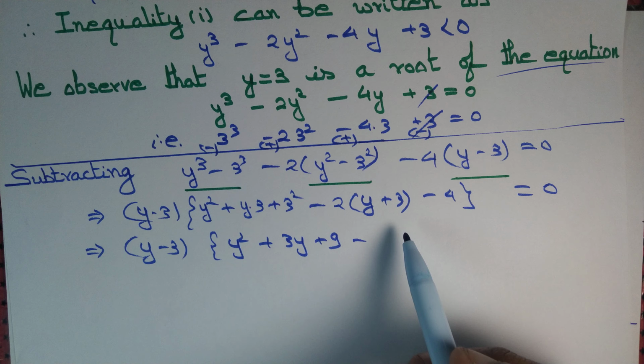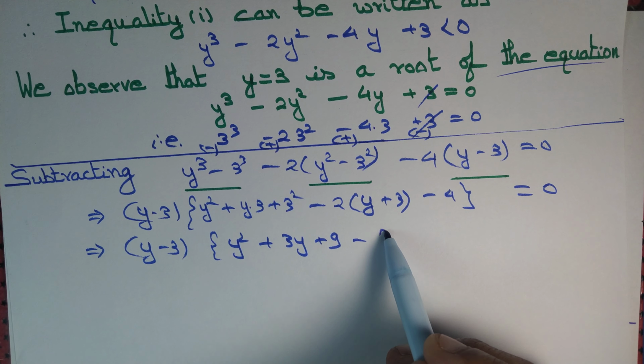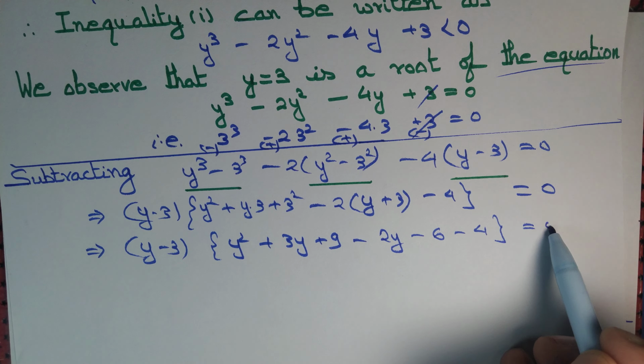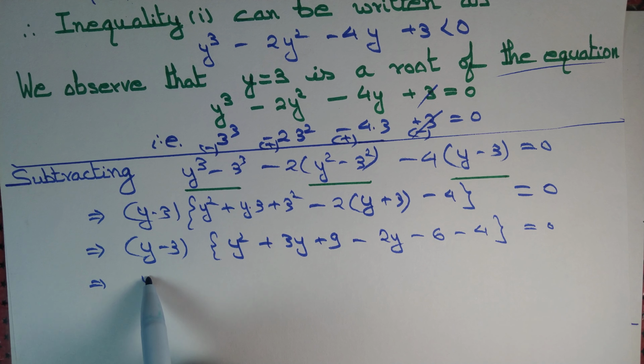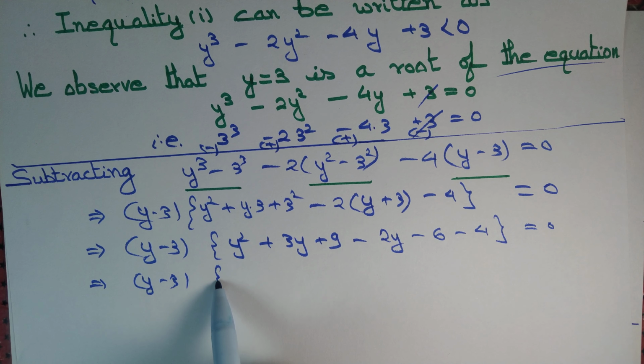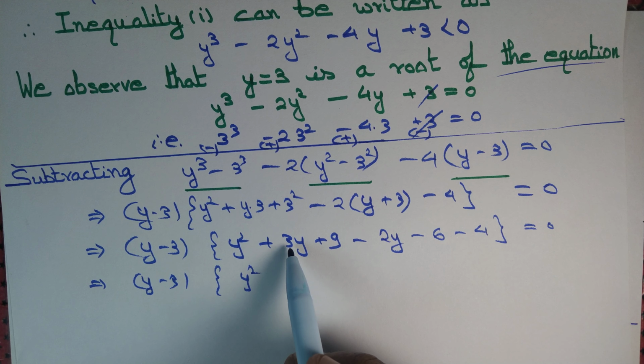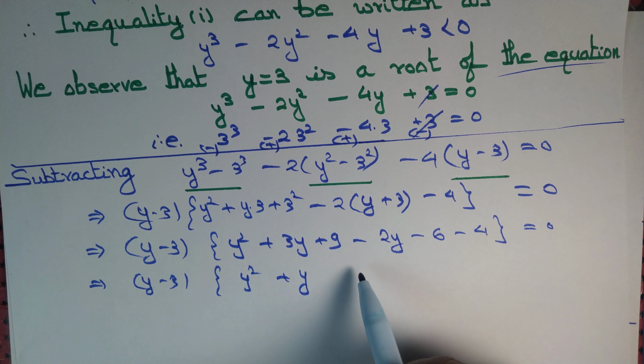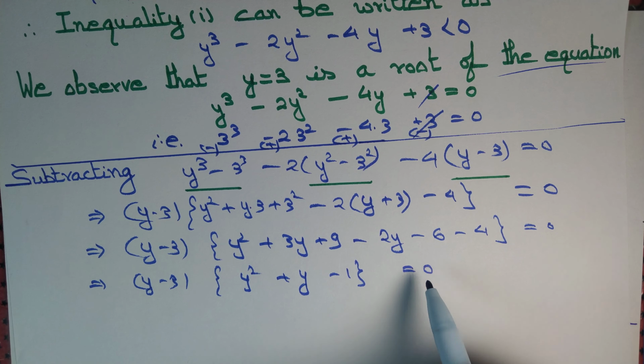Let's simplify this expression: y square plus 3y plus 9 minus 2y minus 6 minus 4 equal to 0. Y minus 3 we have taken common. Y square, 3 number of y minus 2 number of y, just 1 number of y. 9 minus 10 is minus 1 equal to 0.